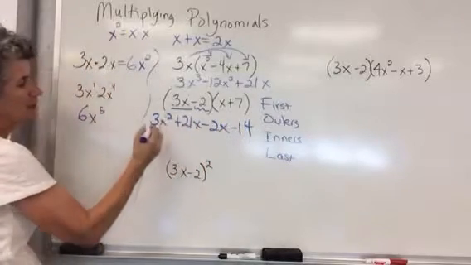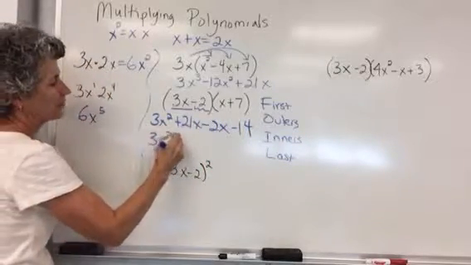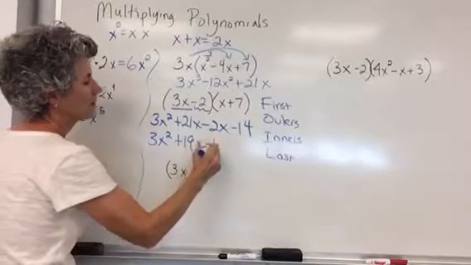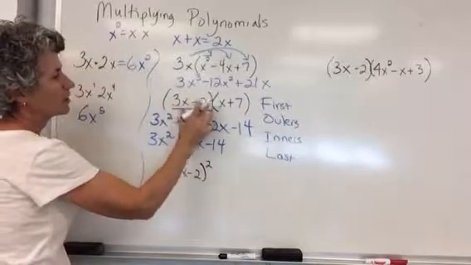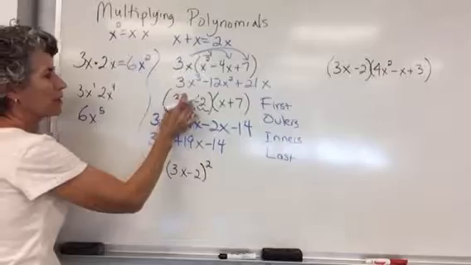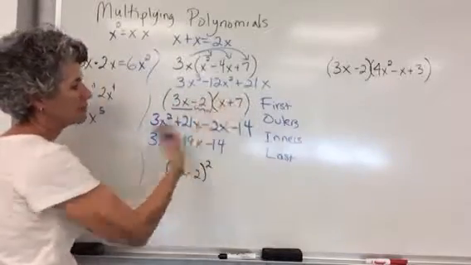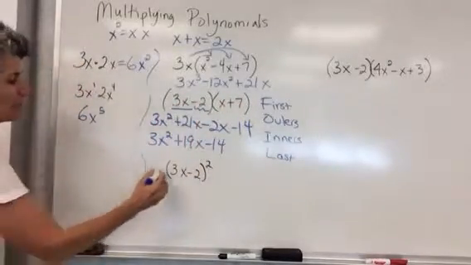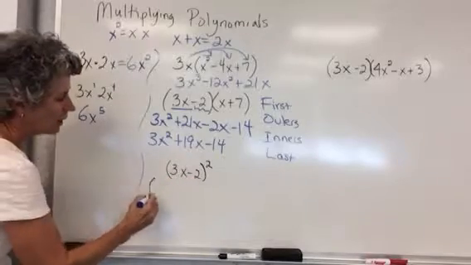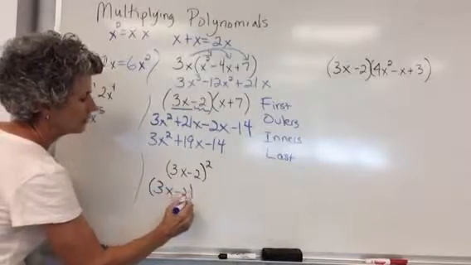And you can see we wind up with the exact same answer, even the same order. So whether you do it as first, outers, inners, last, or 3x times each one and negative 2 times each one, same answer.